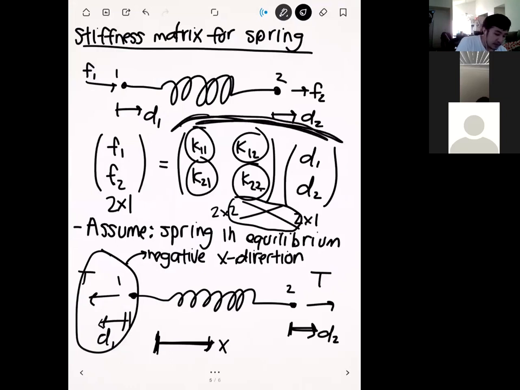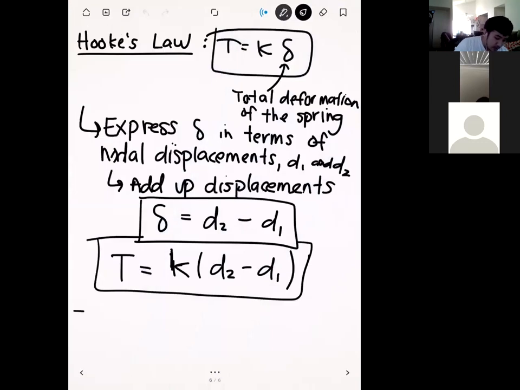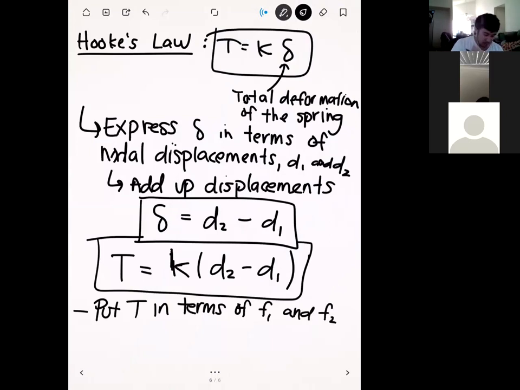But in order to complete the system, one way that we can do that is to have equations for F1 and F2. So let's put T in terms of F1 and F2. Remember, F1 is the force that's applied on the left-hand side of the spring, so on the left node.